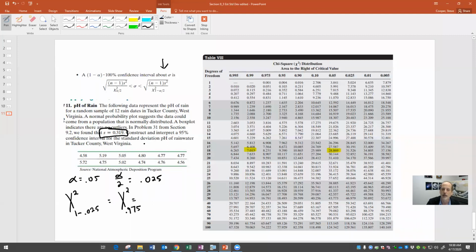And we're going to use 11 degrees of freedom. Okay, so we come over here, and for 0.975 and 11 degrees of freedom, it's 3.816. I need chi-square of alpha over 2, 0.025, also with 11 degrees of freedom. That's 21.92.